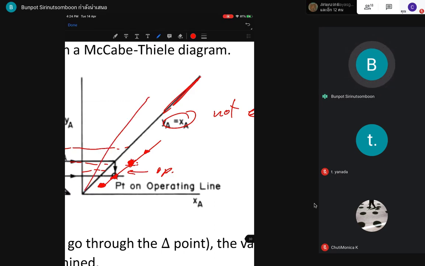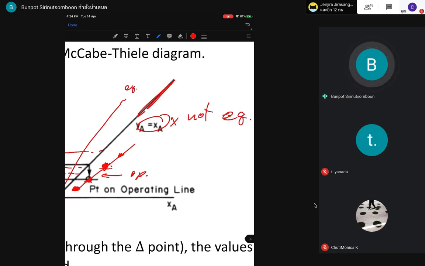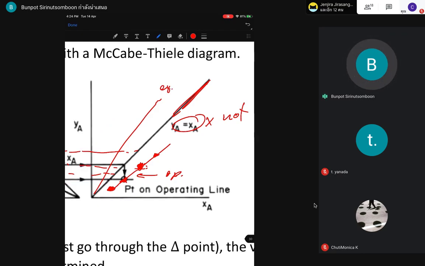Okay, this is not equilibrium. So then when you find the steps, it's going to look something like this. It looks kind of ugly, a little bit. Okay, so this is how you do it.